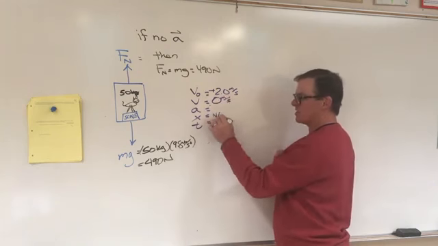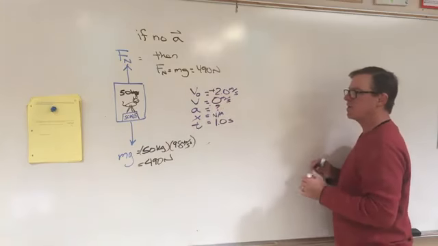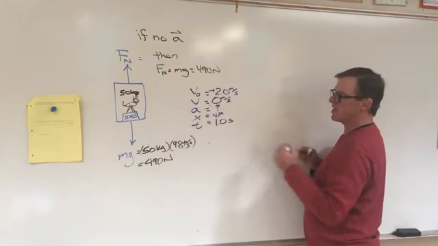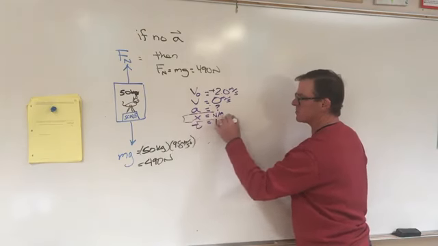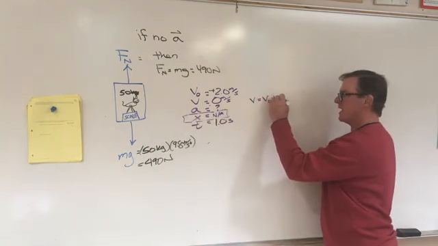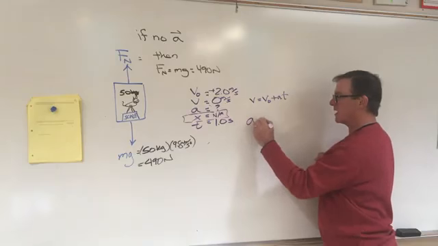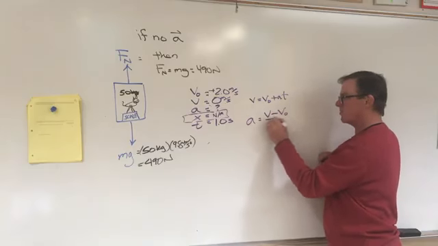Well, if we don't know the distance, but we want to find the acceleration, we can do that. You may recall the equation that doesn't have x in it is the first equation. So v equals v naught plus at. Solve for a, I get final minus initial over t.